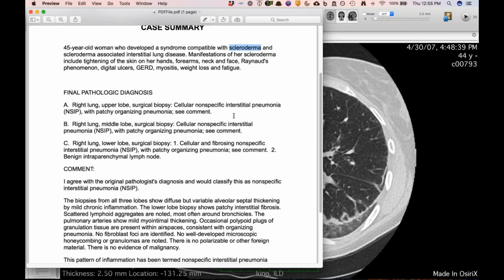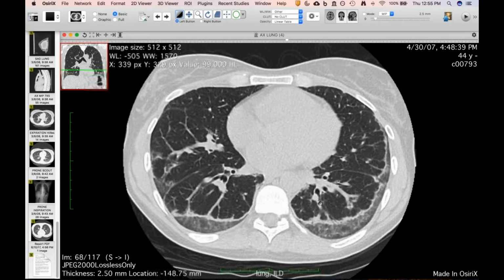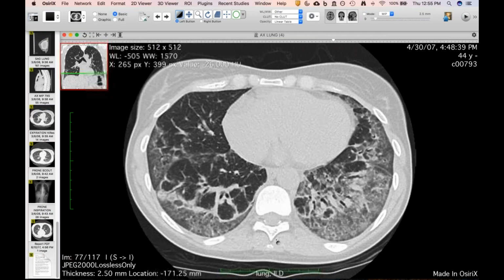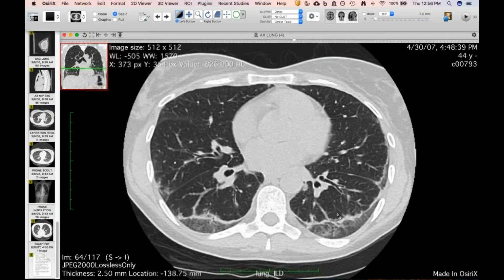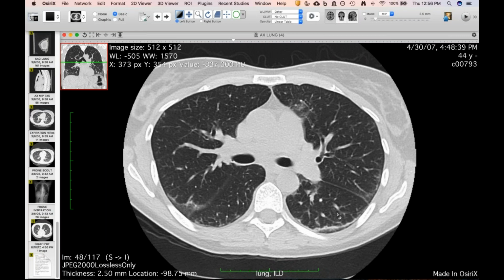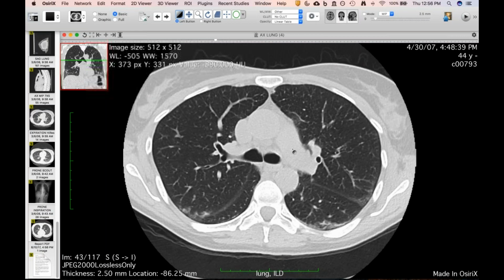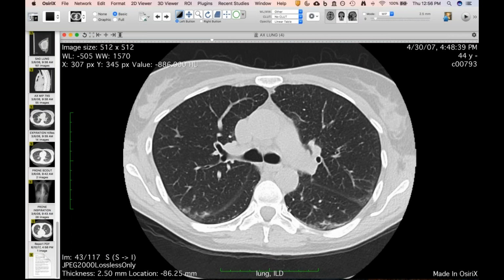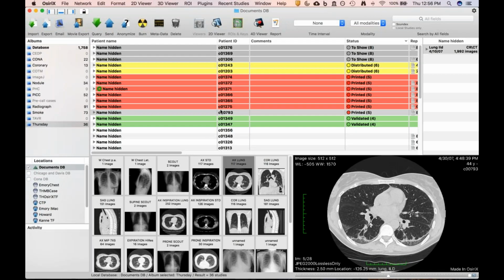Okay, so she has scleroderma, because otherwise she'd be interstitial pneumonia with autoimmune features or some sort of undiagnosed connective tissue disease. But I think by this time she had manifested criteria that met a diagnosis of scleroderma. But yeah, this is, again, one of the prettier cases we've seen of an NSIP that I was reminded of when I saw that other case of eosinophilic pneumonia. Very impressive. Wow.